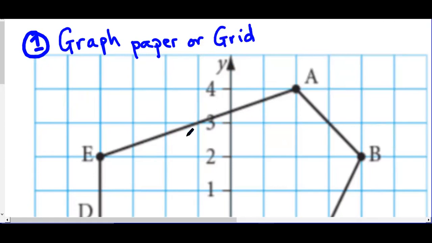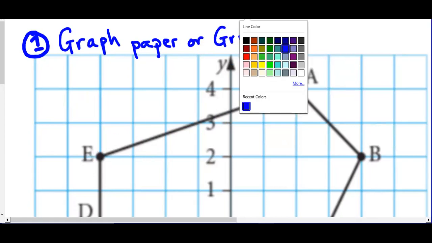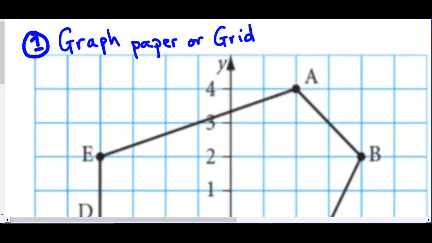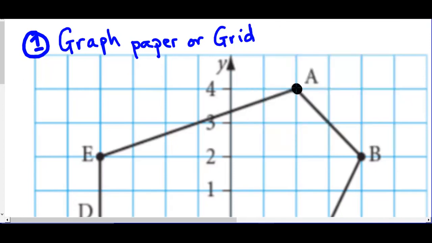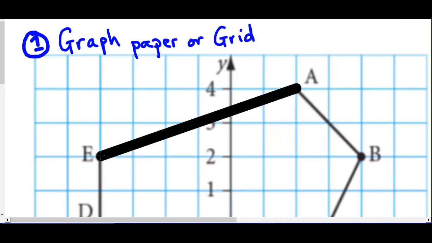Now, as you can see, this line here is already on a graph paper, so we don't have to draw it again. The line is already on the graph paper, and this is the line which I'm talking about. I'm talking about the line from A to E.